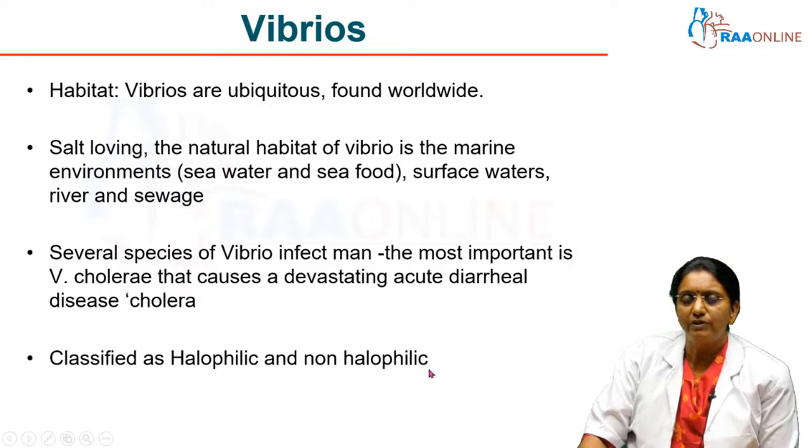Examples of non-halophilic Vibrio are Vibrio cholerae and Vibrio mimicus. Examples of halophilic Vibrios are Vibrio parahemolyticus and Vibrio alginolyticus, and some of them can also cause diarrhea and food poisoning. Whereas Vibrio cholerae, the common agent which causes cholera, is a non-halophilic Vibrio.